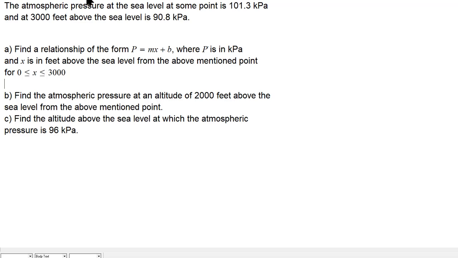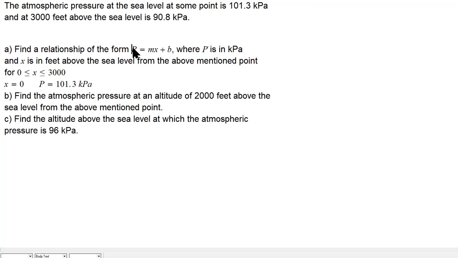Okay, so notice this, when X is 0, we have P equals 101.3 kPa, right? So what does it mean?